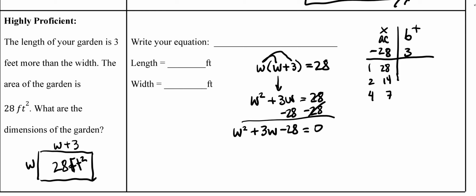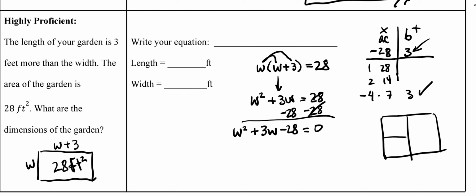But because it's negative, one of these has to be negative, and they have to be negative in such a way that when I add them, I get a positive value for B, which is positive 3. So I'm thinking 4 and 7, and if I put the negative on the 4, negative 4 times 7 is negative 28, but negative 4 plus 7 is 3. So those are the numbers that I'm looking for.